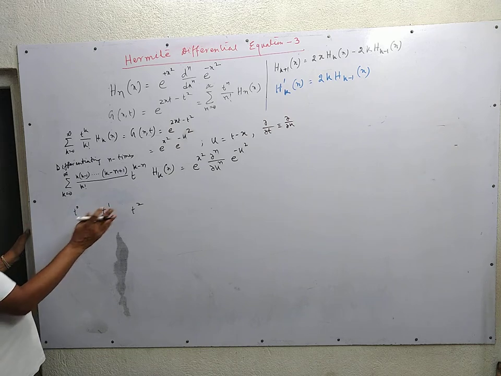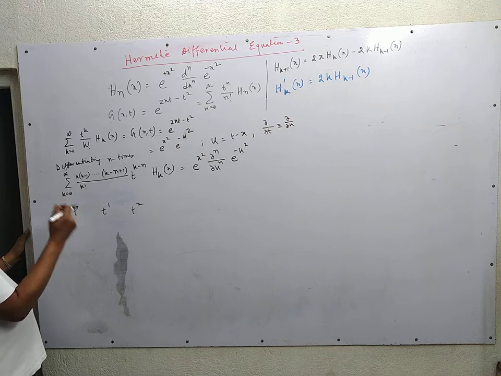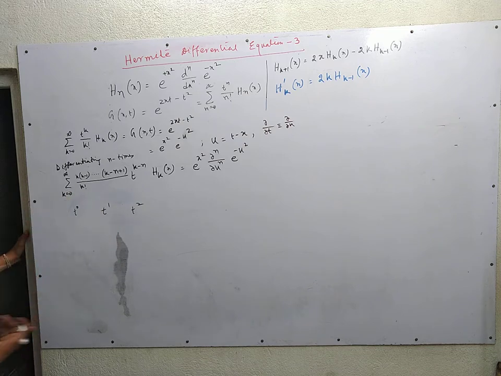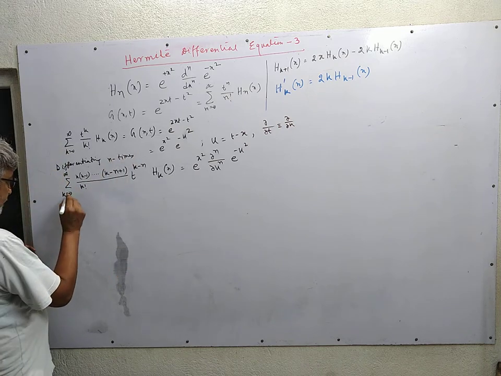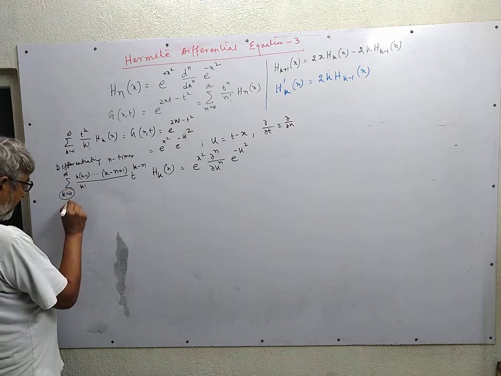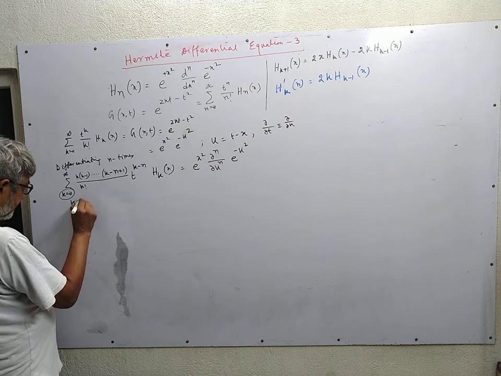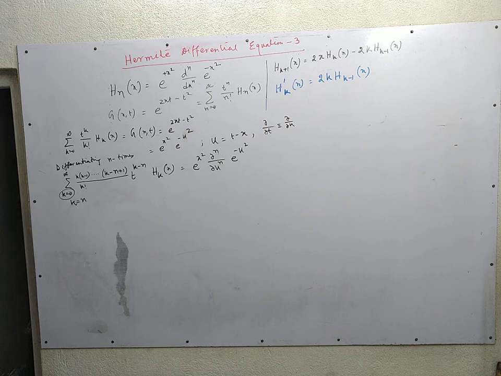So all the terms with k less than n will go to 0 when differentiated. So actually this sum is from k is equal to n to infinity.